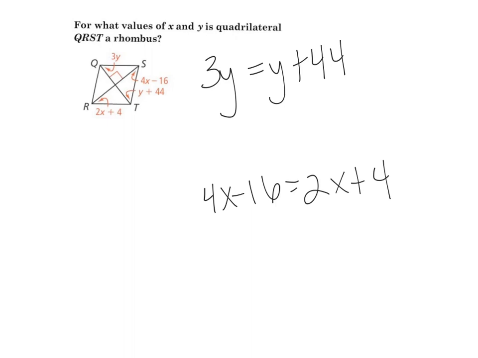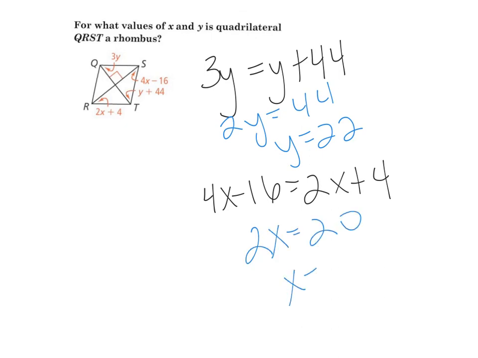It's not necessary to do a system of linear equations here because you have one variable in each equation. So in this case, you can subtract the y over and divide by 2, and y is 22. And then over here, you can add the 16, subtract the 2x, and then x is equal to 10.